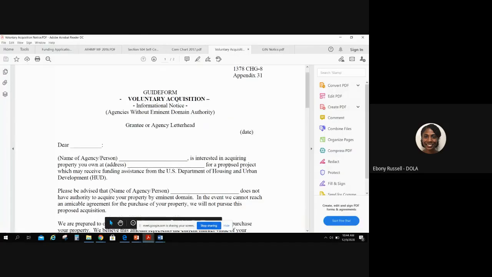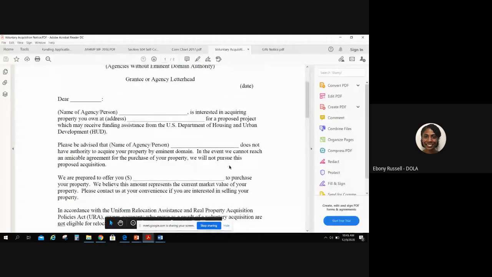So here's a voluntary acquisition notice form that covers you. This must be submitted prior to the initiation of negotiations.